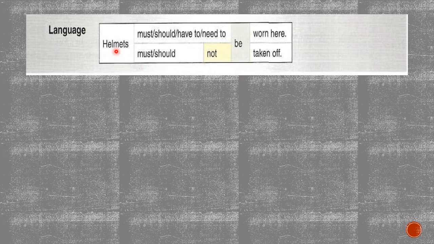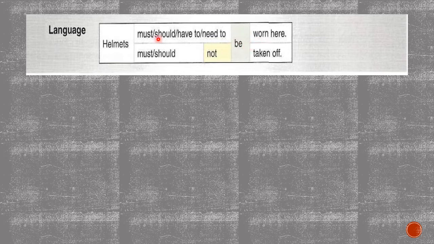Now, look at the second sentence. Helmets must not be taken off. Here, something that we are not allowed to do. Helmets should not be taken off here. Notice that here, when we say must be worn, after must here we use be, which is the base form, and worn, which is past participle.